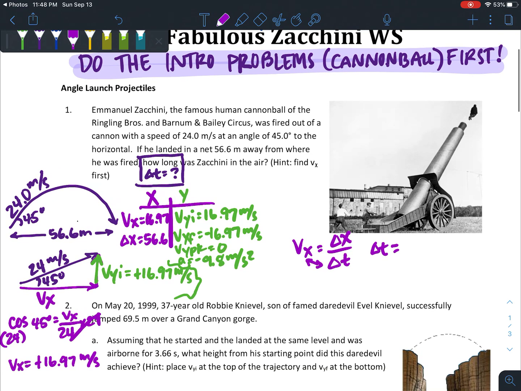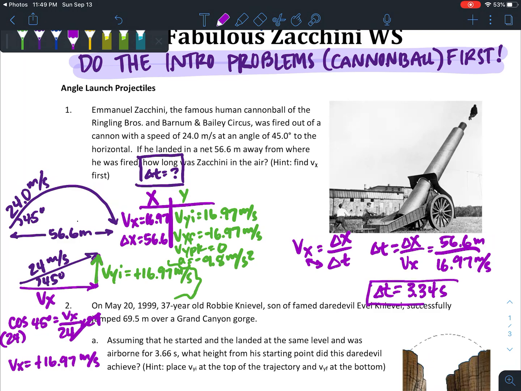So I have delta t equals delta x over Vx. And so I can plug in my 56.6 meters over positive 16.97 meters per second and get a delta t of 3.34 seconds. If you should happen to use the y side, you should get approximately the same time, and either way is really fine.